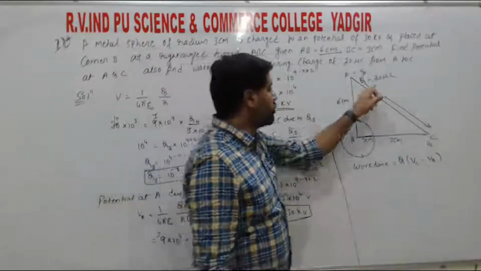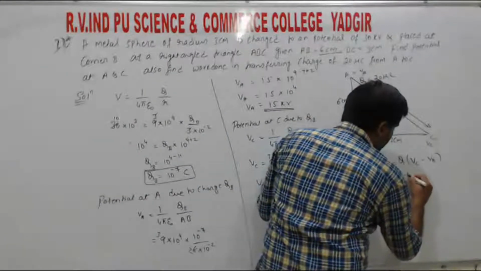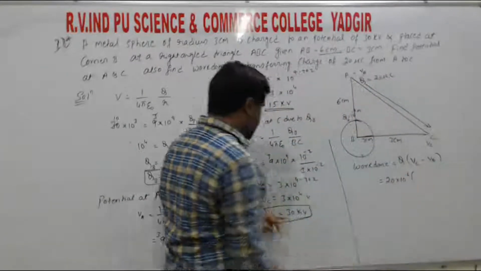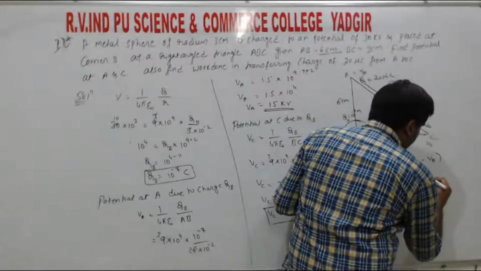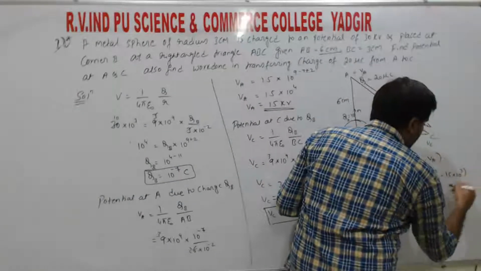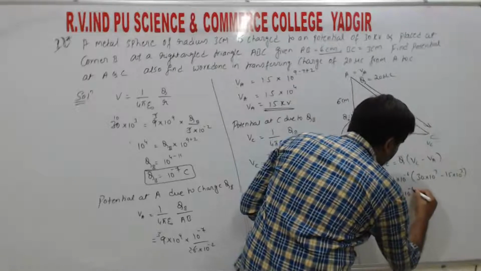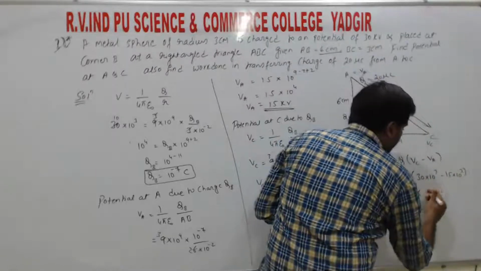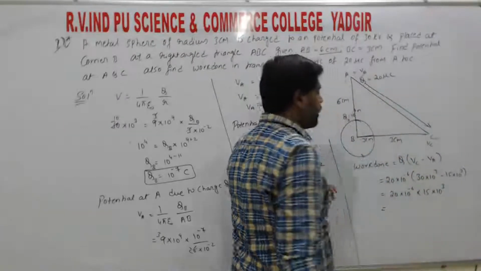So the charge is given, 20 microcoulomb, that is 20 into 10 to the power of minus 6. So VC is what, 30 kilovolt, that is 30 into 10 to the power of 3 minus 15 into 10 to the power of 3, right? So 20 into 10 to the power of minus 6, 30 minus 15, 15 into 10 to the power of 3, right?